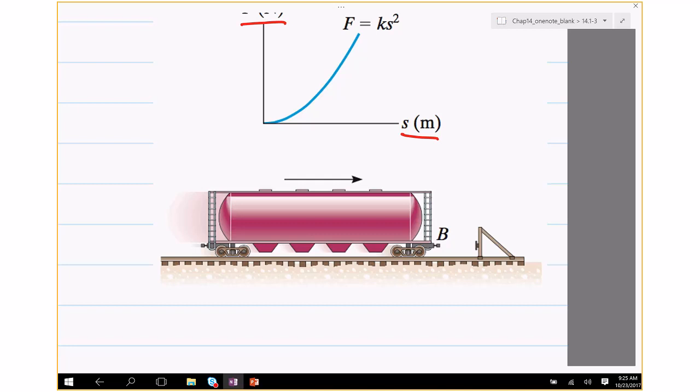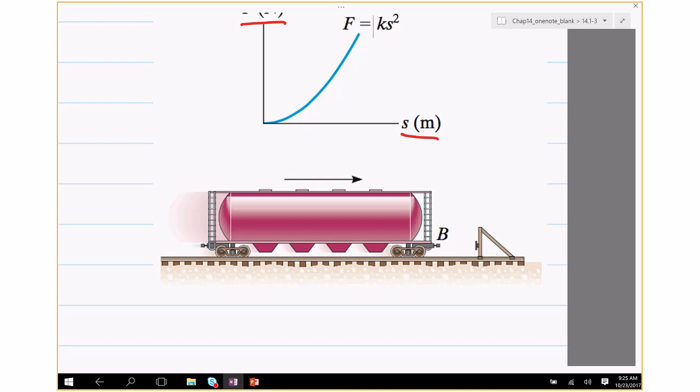Because there's a spring, the spring absorbs energy. Kinetic energy is converted to spring energy, and the train or the bogie comes to a stop in 0.2 meters. You want to find that k, which will get the bogie or the train to stop in 0.2 meters.